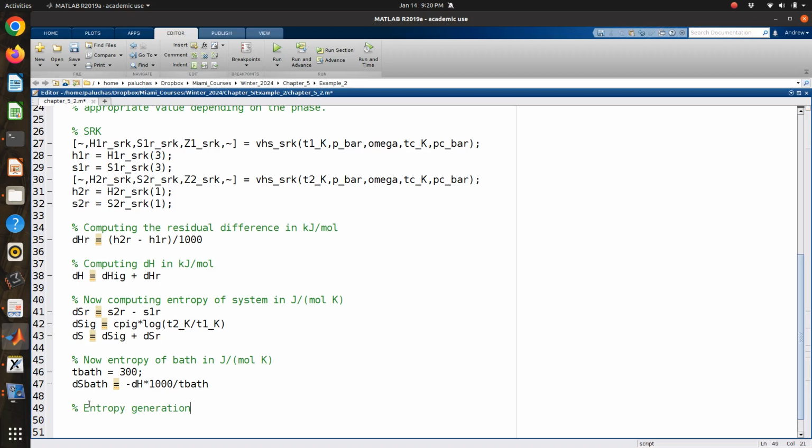And so then Sgen, in joules per mole Kelvin. Well, entropy generation we said was equal to ds, which is delta S of my system, plus delta S of my surroundings, which is ds bath.